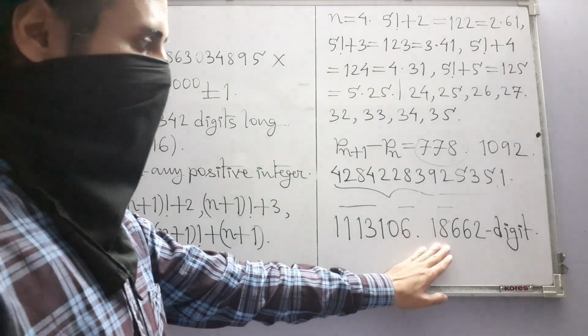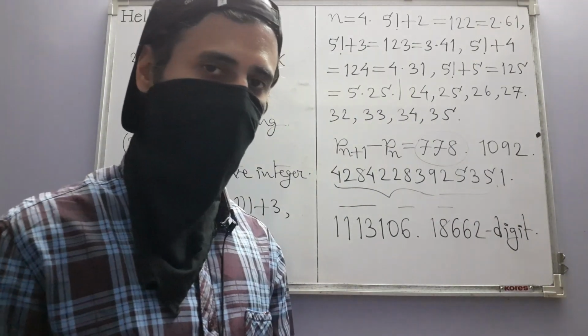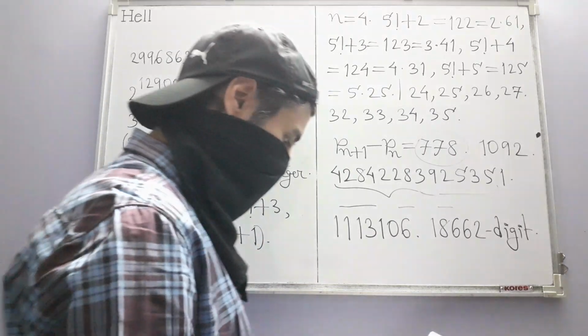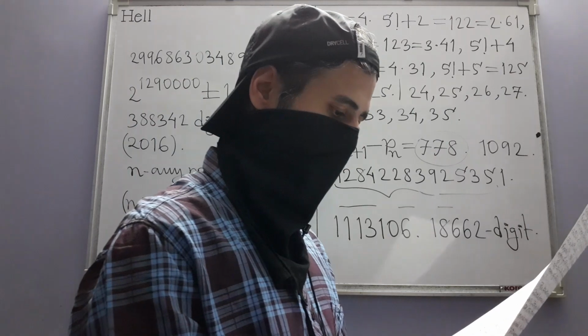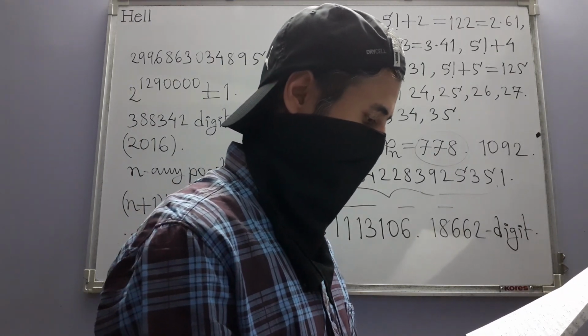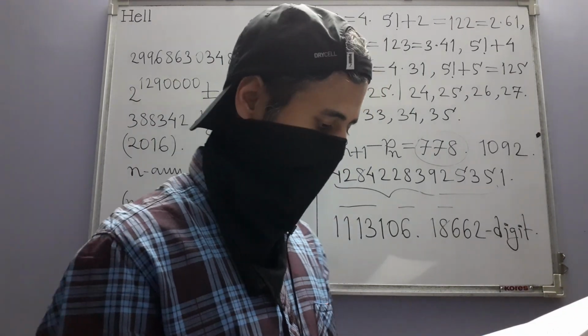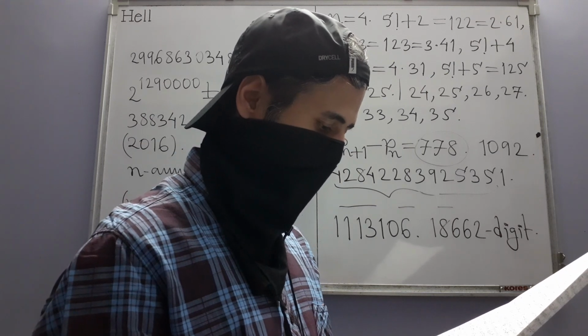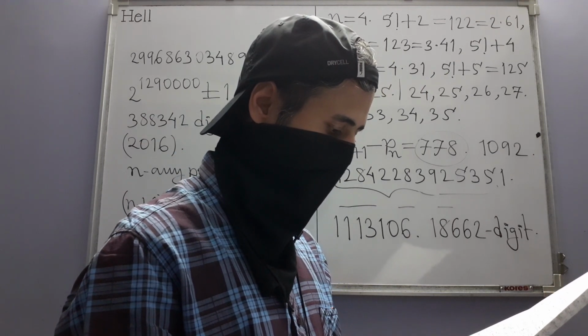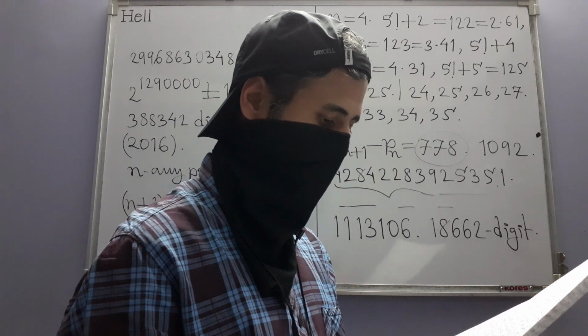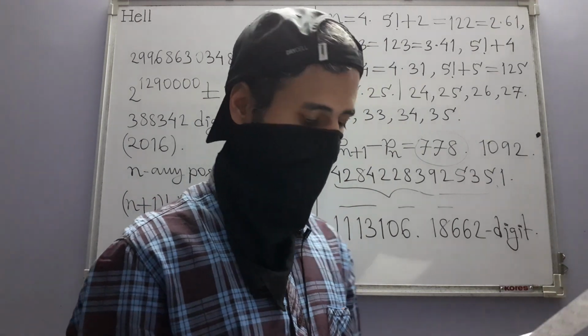Between primes, 18,662 digits long. And it was found by P. Cami, M. Jensen and J. K. Anderson. And I think I forgot to write the date when this was found, but it is recent.